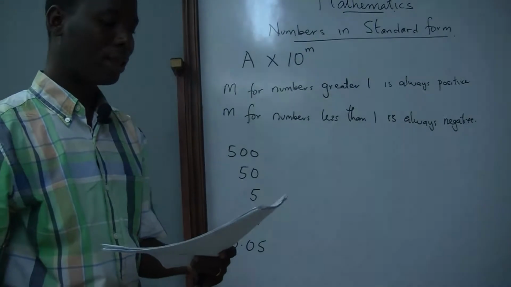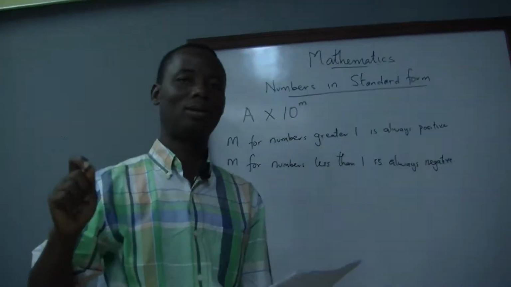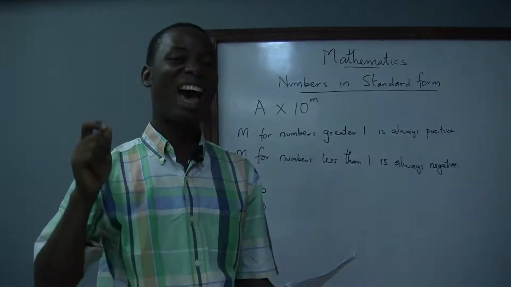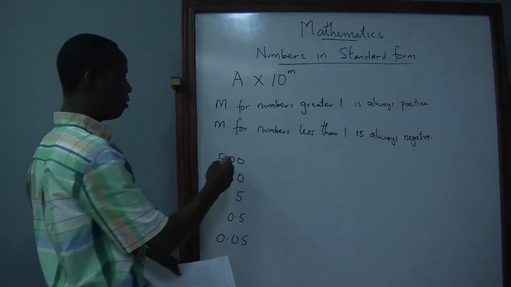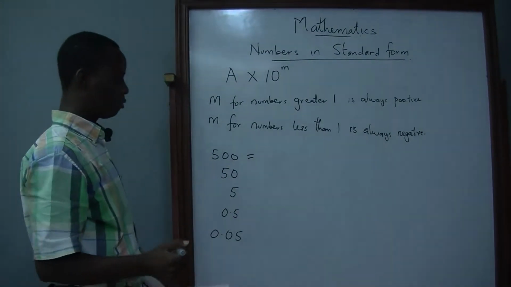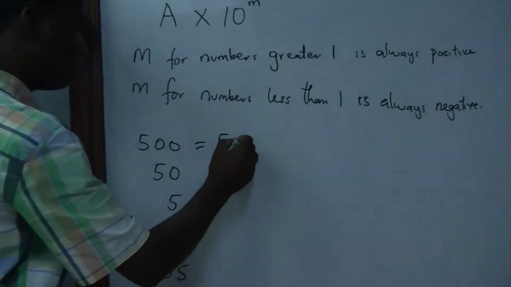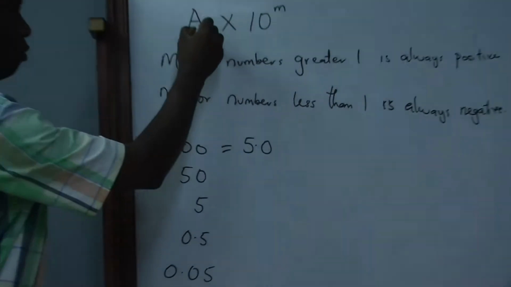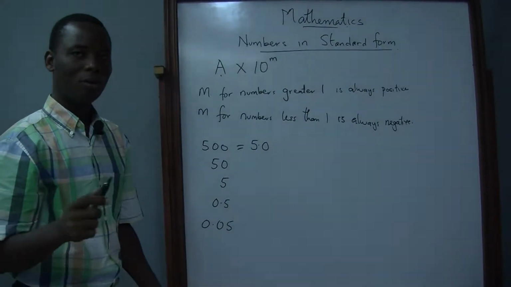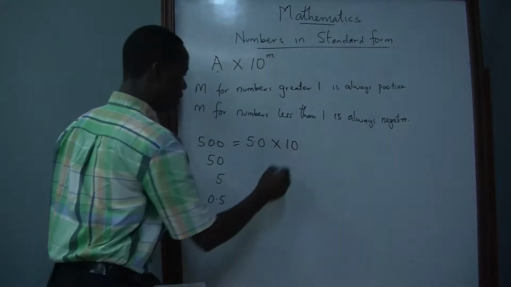Let me say also that our A must have at least one decimal place. So if we have 500, what will 500 equal? 500 will equal 5.0, do not forget that I said our A must have at least one decimal place, times 10.